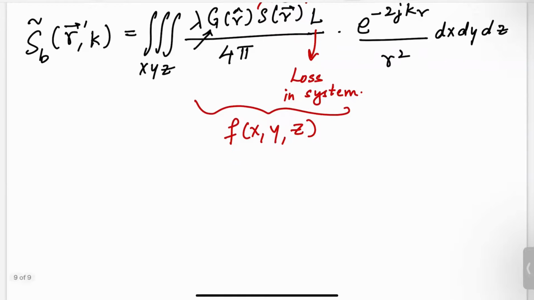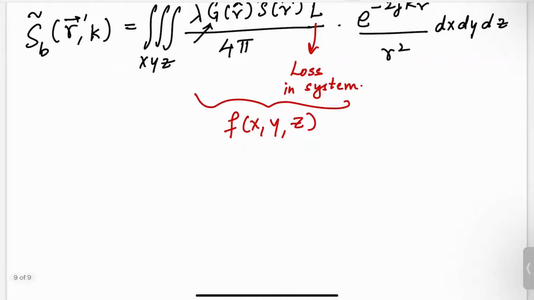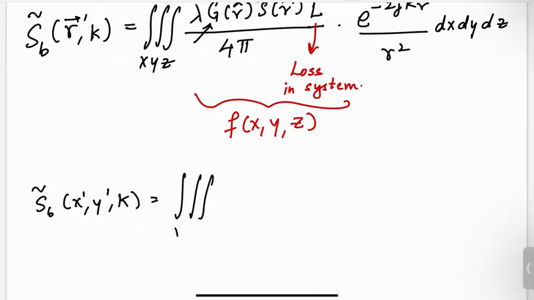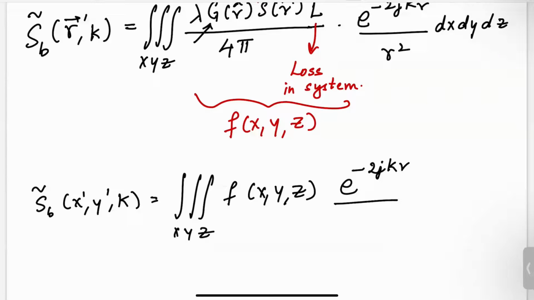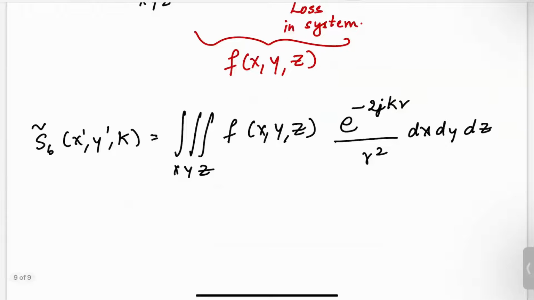Okay, so for simplicity, we'll just use the simplified model. S tilde B of x prime, y prime, k is equal to, for imaging, this is good enough, the integral of f of x, y, z, e to the minus 2j kr over r square dx dy dz. Sometimes you can actually also include this r square in here, right?